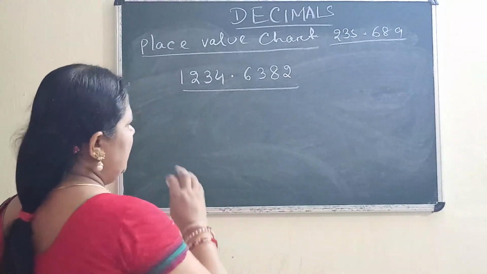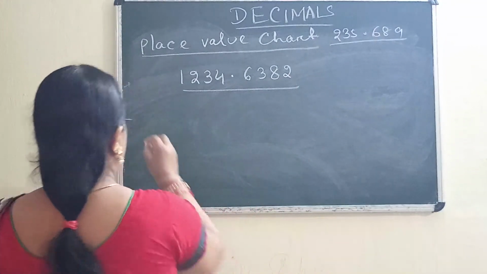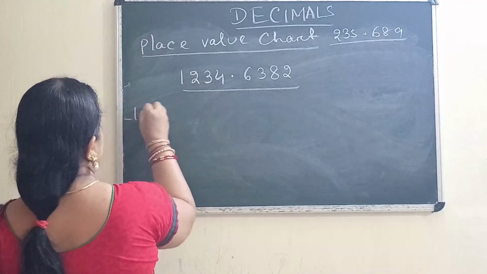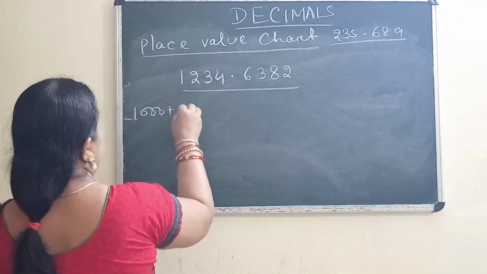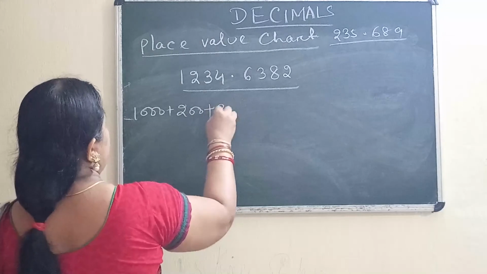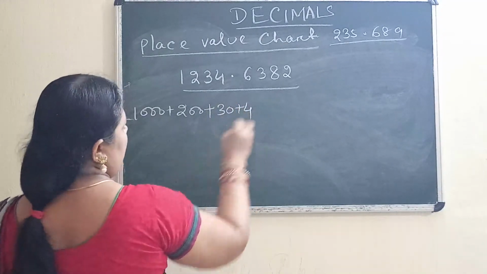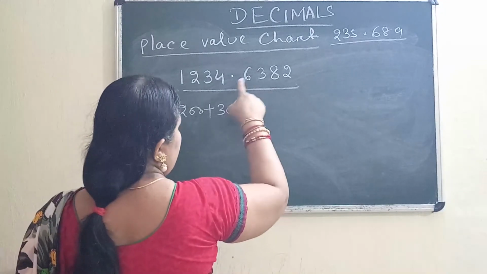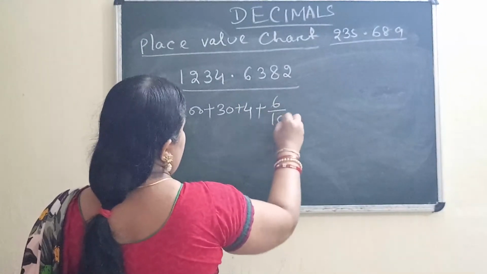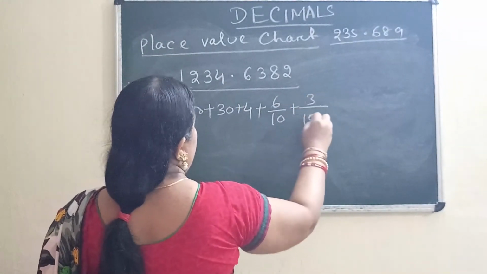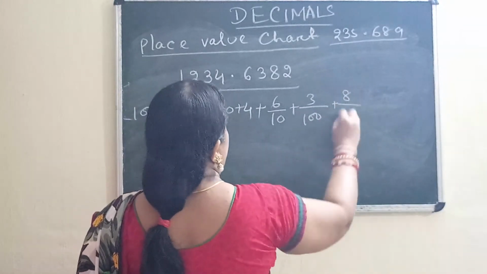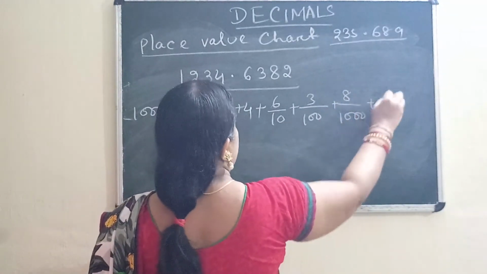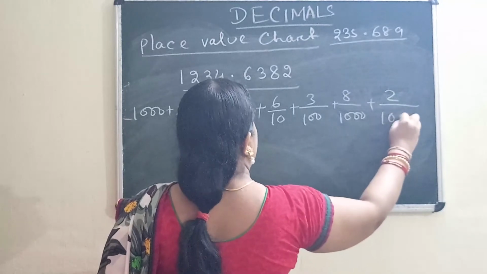So now what will you write in expanded form? 1000, then 200 plus 30 plus 4, plus, after the decimal point, 6 by 10, 3 by 100, 8 by 1000 plus 2 by 10,000.